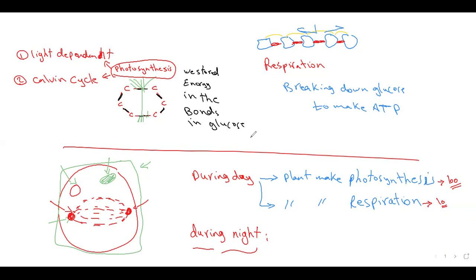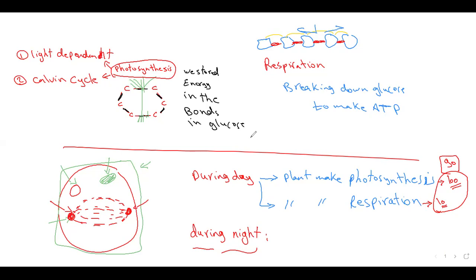So overall, during the day, the plant is producing like 90 milliliters of oxygen, for example. So it's a good thing. The plants majorly produce much oxygen for us and consume a little during the day.